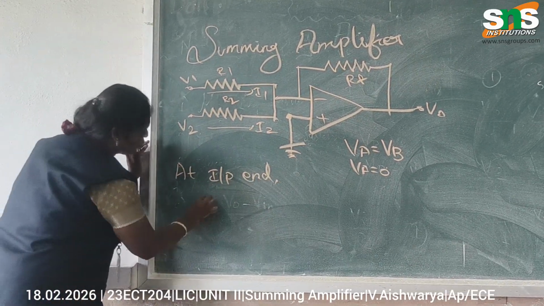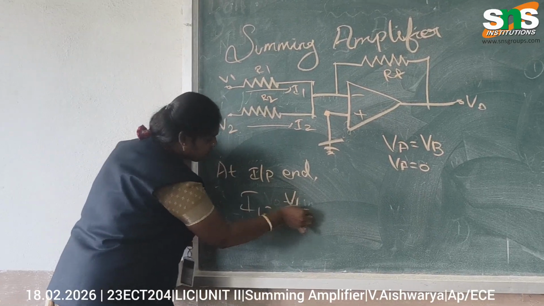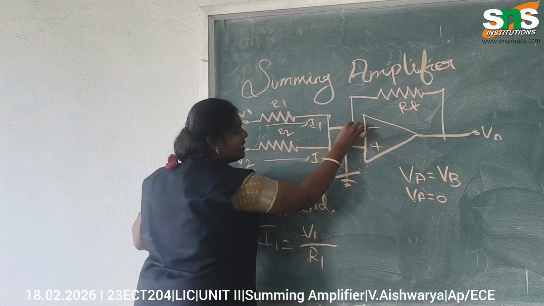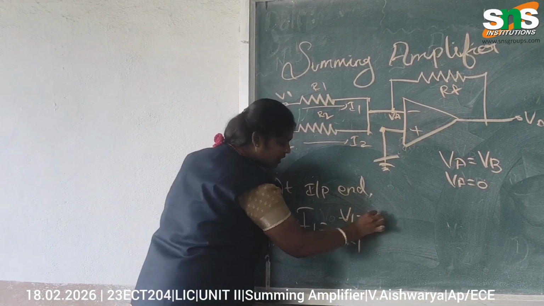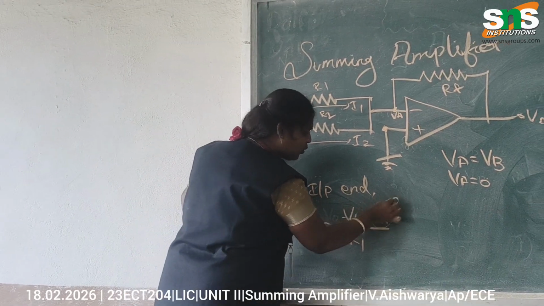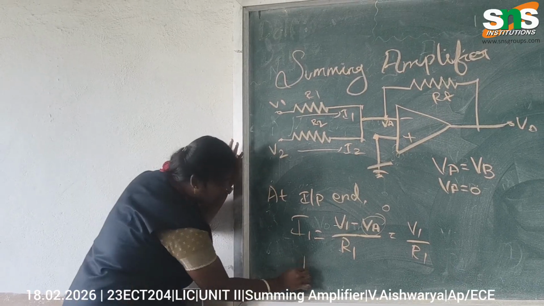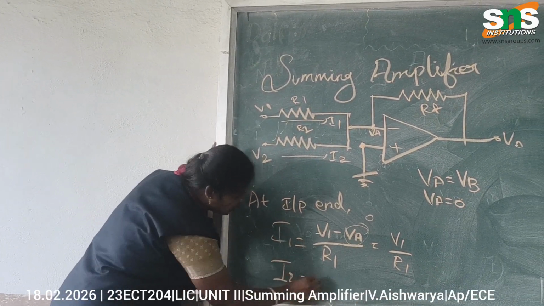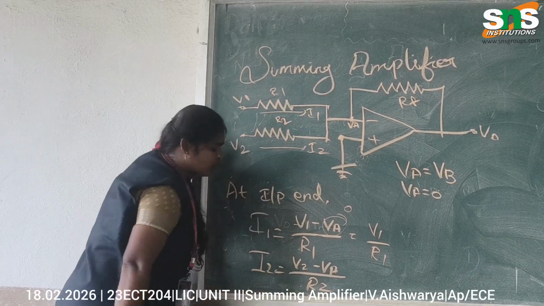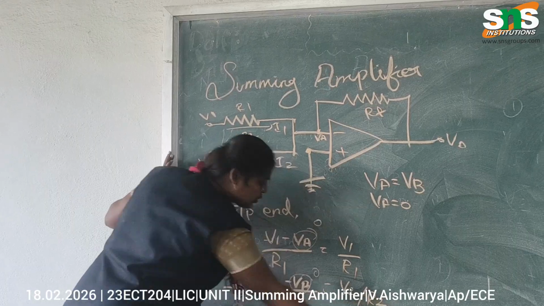First I have to find the I1 value. I1 equals V1 minus VA by R1. We know that VA is 0, so V1 by R1. For I2, V2 minus VA by R2, where VA is 0, so V2 by R2.